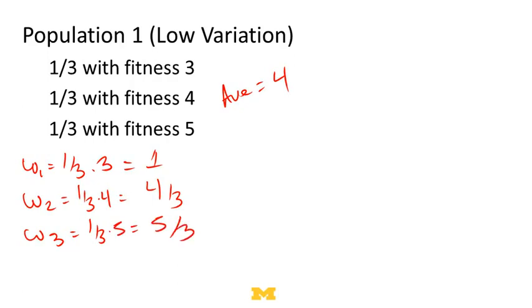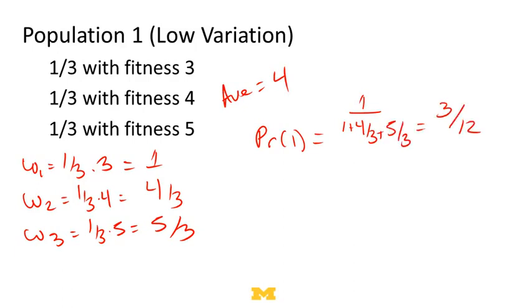Well, now let's compute the proportion we're going to have in the next period of each type. The proportion of type 1 is just going to equal 1 over 1 plus 4/3 plus 5/3, which is going to be 3 over 12.